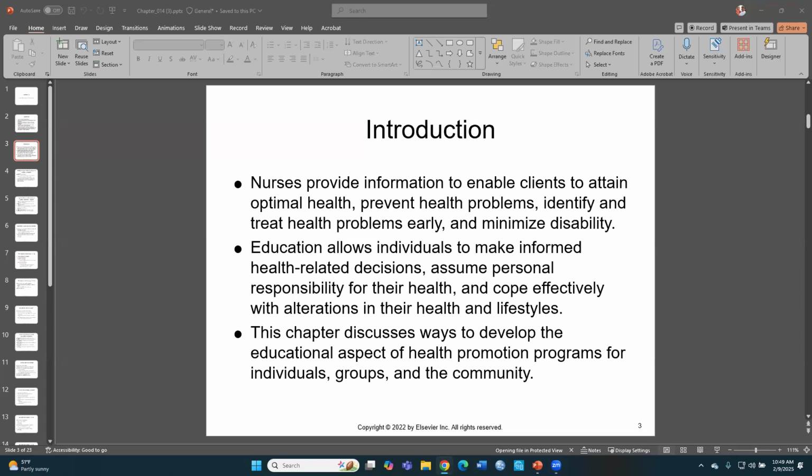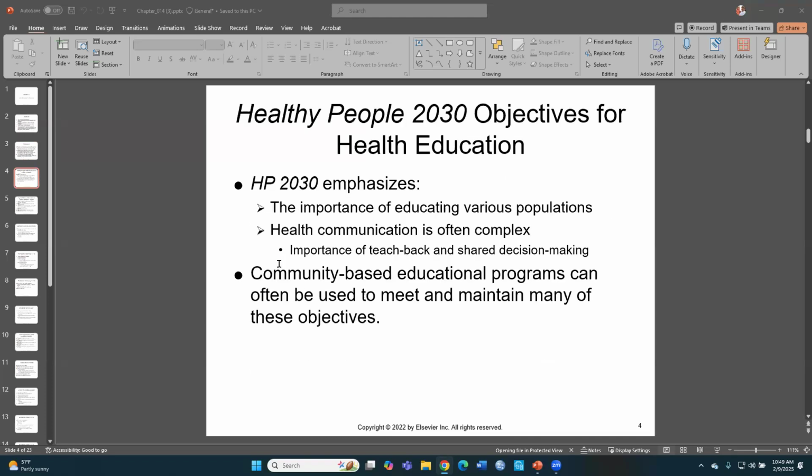That is your primary, your secondary, your tertiary interventions. And so by providing education, we can give that information to our clients so that they can make informed health-related decisions. They can assume personal responsibility for their health and cope effectively. So those are some of the topics that we're going to discuss.